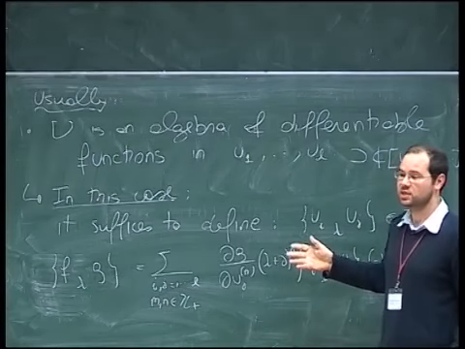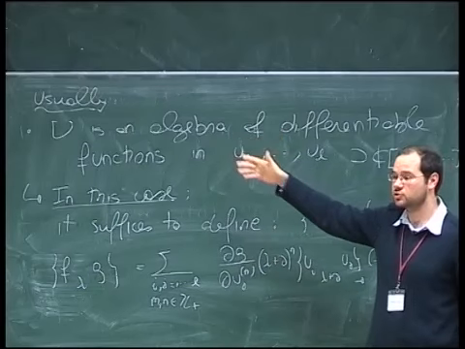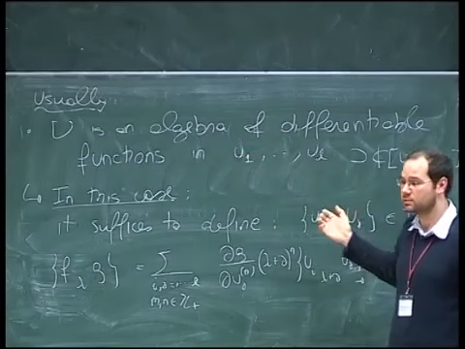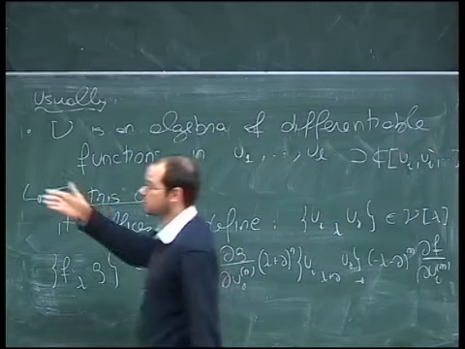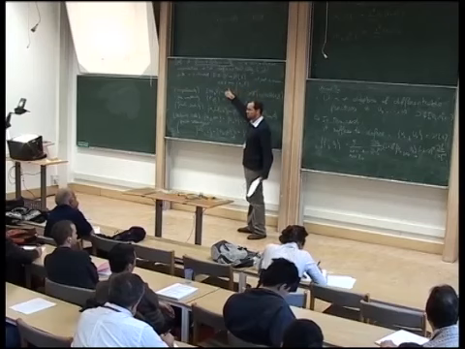So this is teaching us that if we have an algebra of differentiable functions, in order to define a Poisson vertex algebra, it suffices to give a lambda bracket on generators and check the axioms on generators.